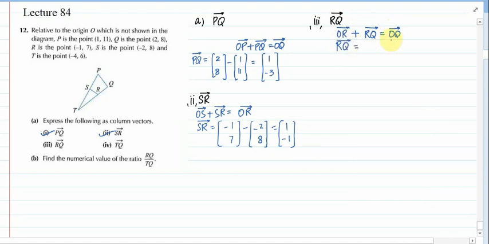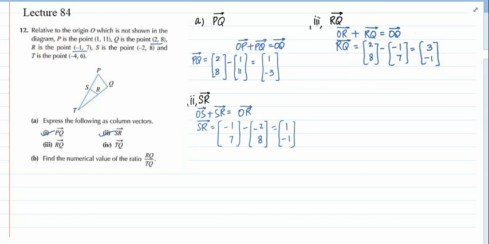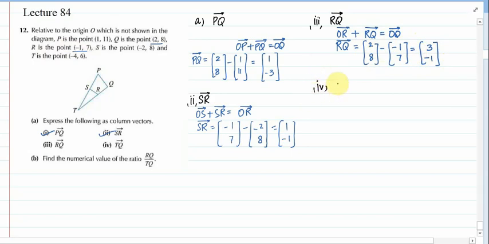It will be OQ, the coordinates of Q are (2, 8), minus OR, and the coordinates of OR are (-1, 7). So it will be 2 plus 1, it's 3, and 8 minus 7, it's minus 1. Right? And the last part, find the column vector of TQ.